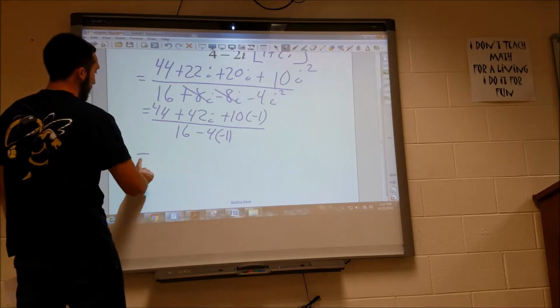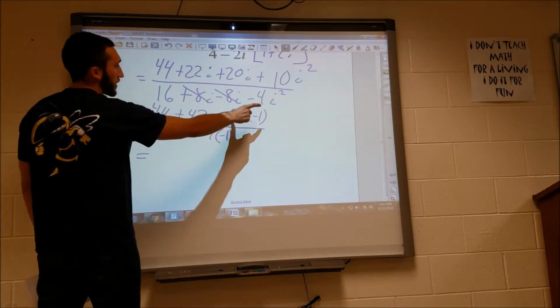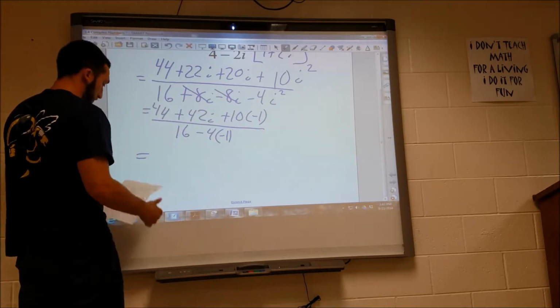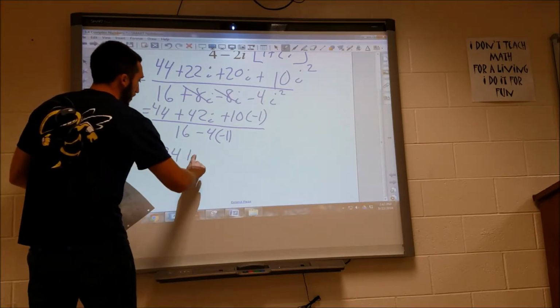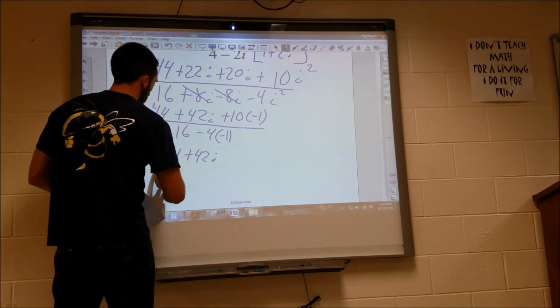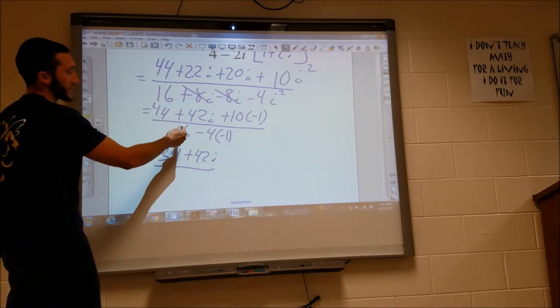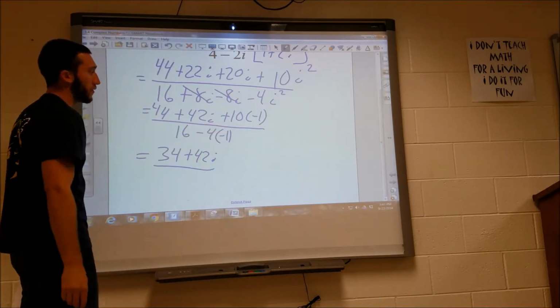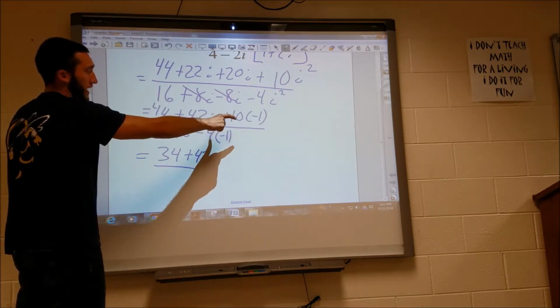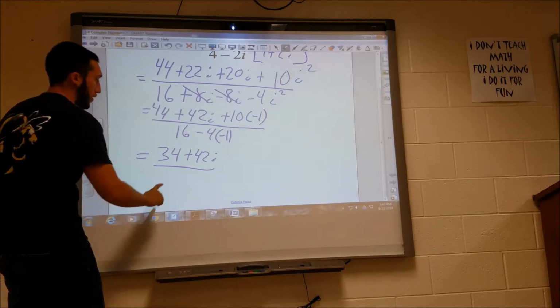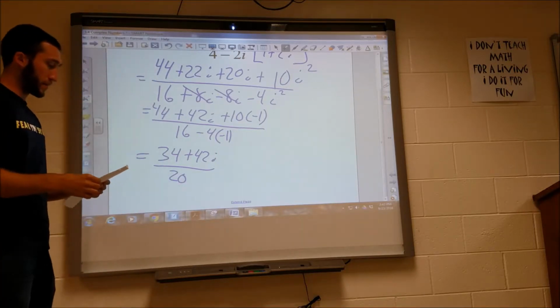As we keep simplifying, we have a negative 10 and a positive 44, so we end up with 34 plus 42i. And then in the bottom we had 16 minus 4 times negative 1, so that 4 times negative 1 turns into a negative 4, and minus a negative 4 makes it a positive 20 in the denominator.